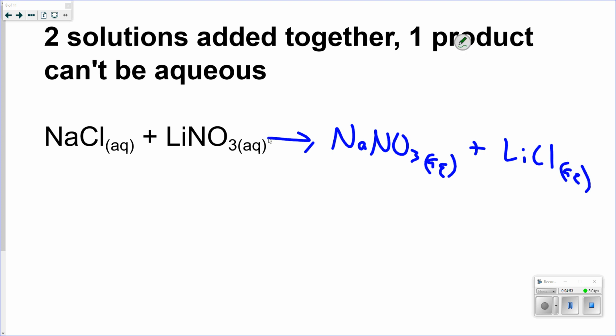One of the things that we went over last class, and we're going to do more of today, is a reminder of what's called net ionic equations. For example, NaCl aqueous is really sodium ions and chloride ions just floating around.